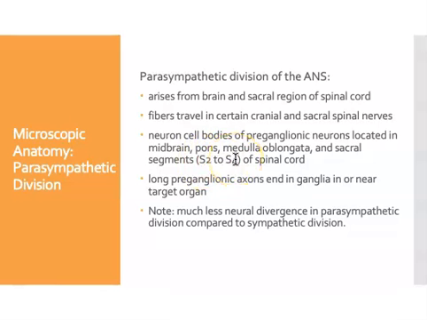Now, those preganglionic neuron cell bodies are going to send axons out to synapse with ganglia that are not up close to the spinal cord. Instead, they're going to be either in or very close to the target organ.